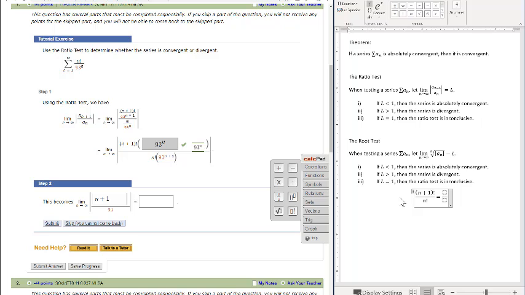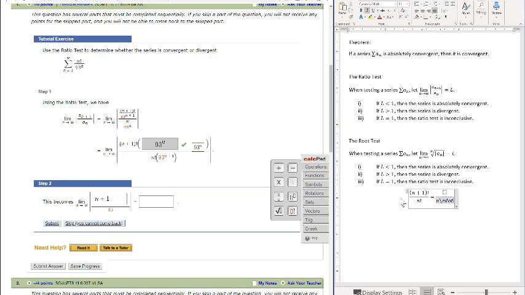So what do you get there? In the denominator you get n times n minus 1 times n minus 2 times, and then some dots here until you get to 3 and then 2 and then 1.